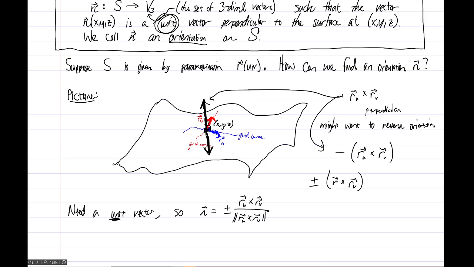Here we're normalizing. One more thing about this plus or minus sign: you have to pick either the plus sign or the minus sign, based on the orientation you need.